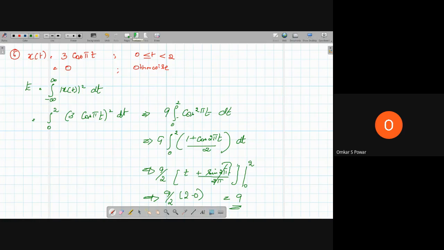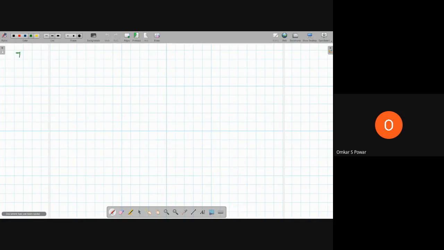So now we will solve a different kind of problem. It's all about solving problems here in signals. They will give you a graph like this, then you have to find the energy of this signal. How do you find the energy of this signal? It's quite simple.